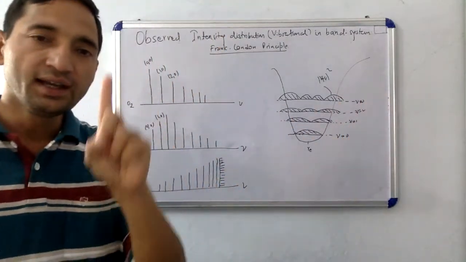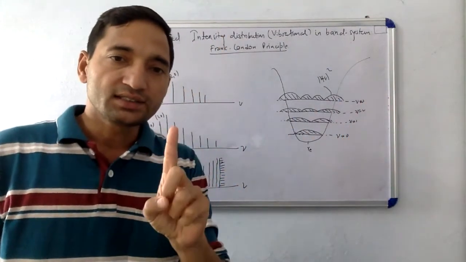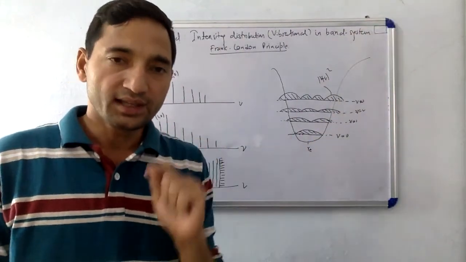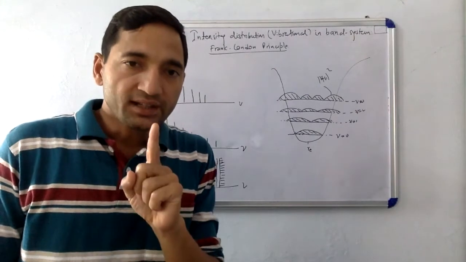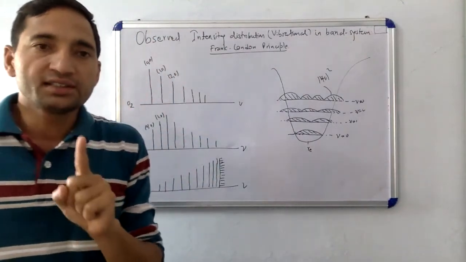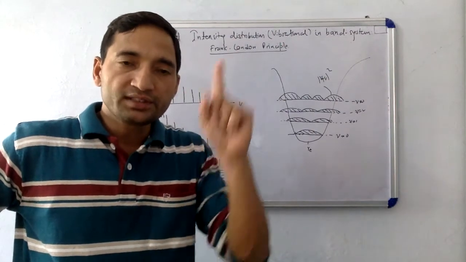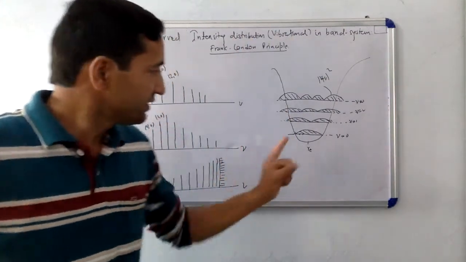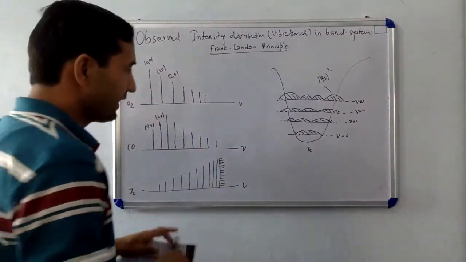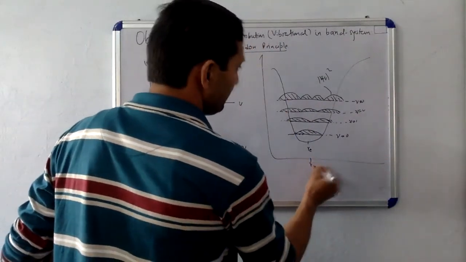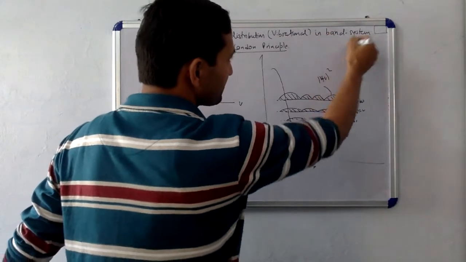The first thing is that the electronic transitions can be shown as a vertical line, which means the electronic transition happens at the same internuclear distance. If I plot an axis this way, this is r_e, and you have a slightly shifted one.